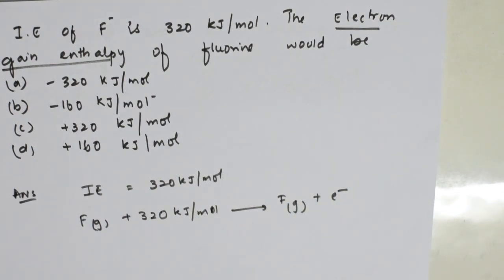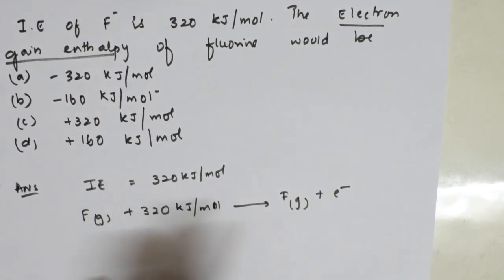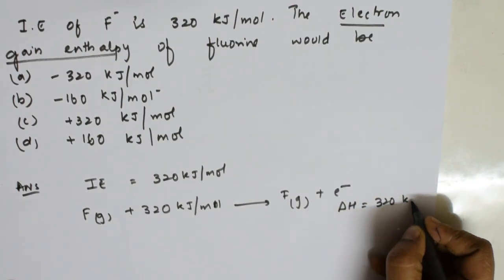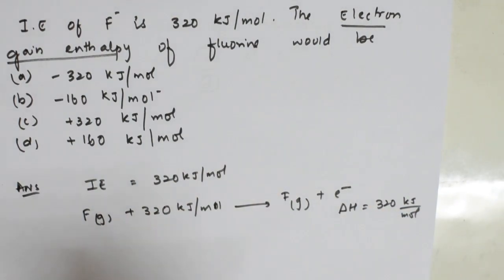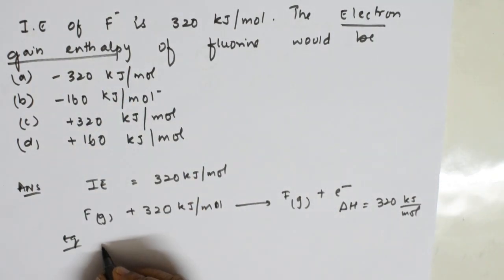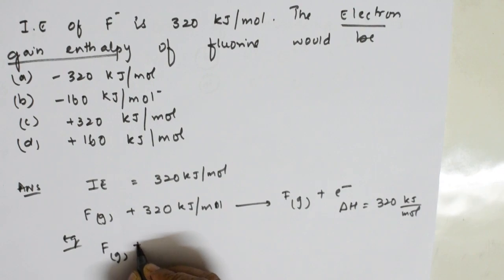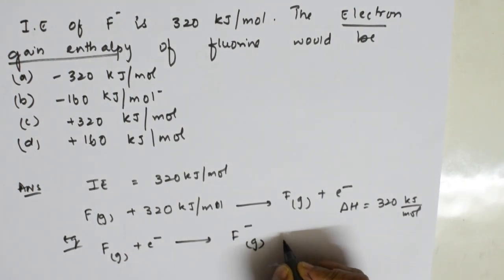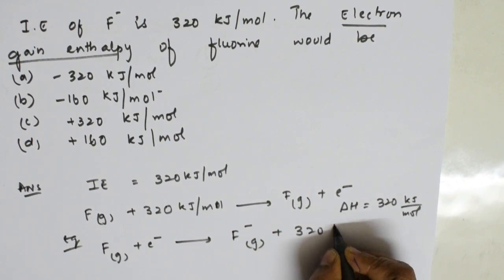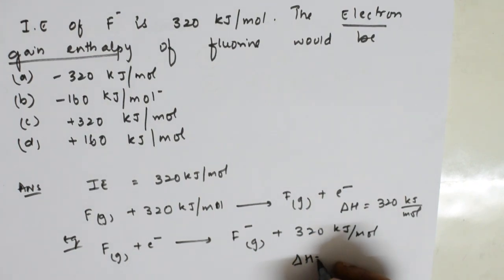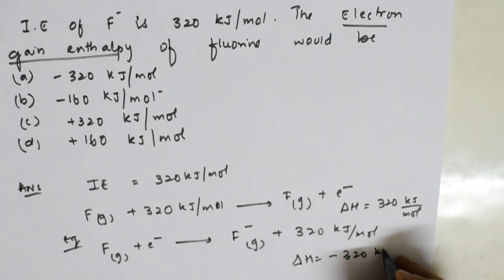Delta H is 320 kilojoules per mole. Now I have to write the reaction, because I have to get F minus. F in the gaseous state, with that electron, forms the F minus anion, and 320 kilojoules per mole of energy is released. That means your delta H is nothing but 320 kilojoules per mole.